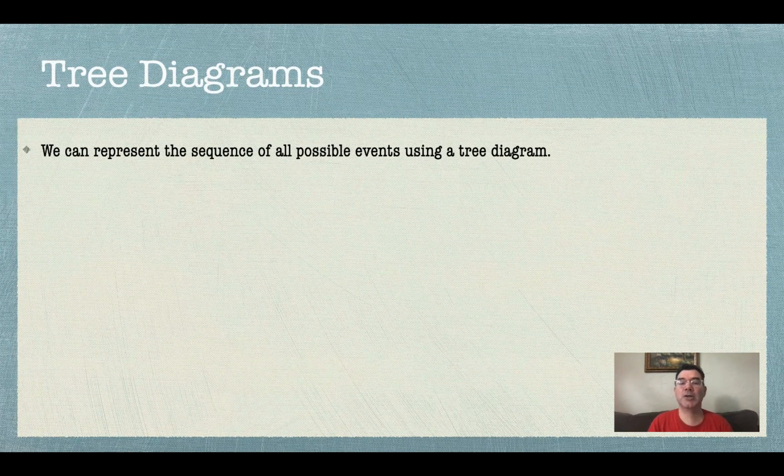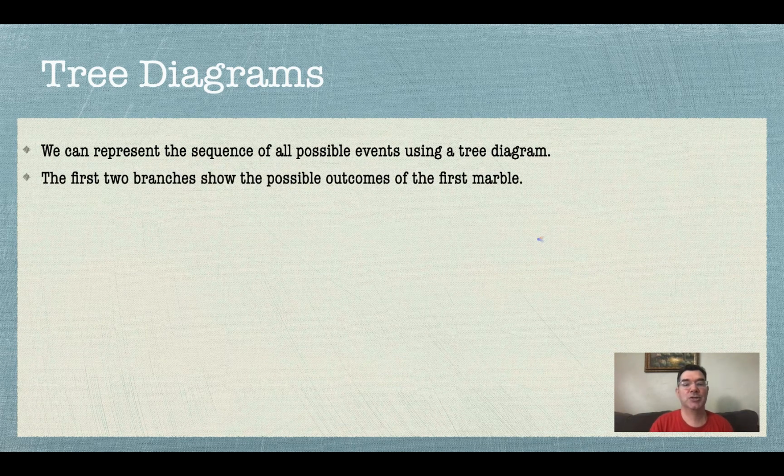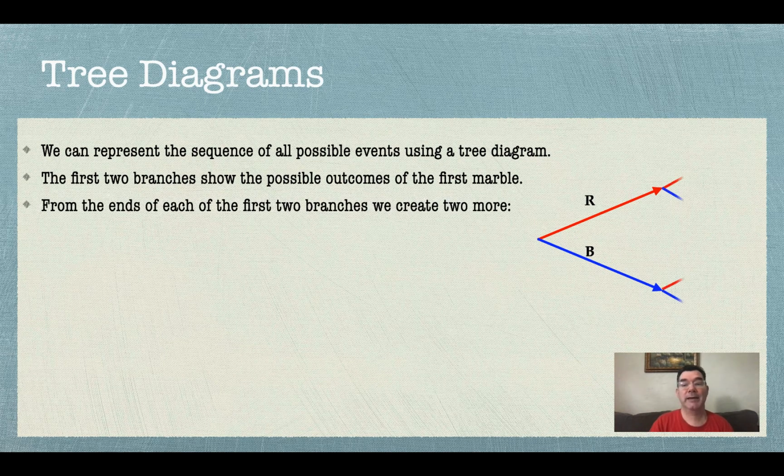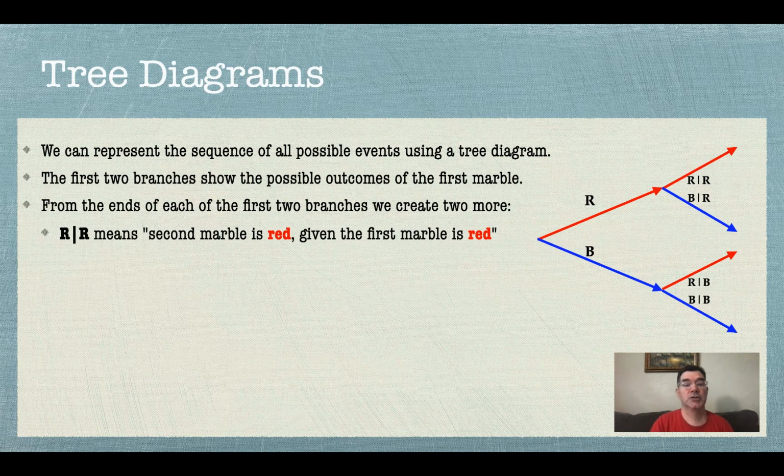So I can organize all of this by drawing a tree diagram. And so the first 2 branches show the possible outcomes for the first marble. It can either be red or it can be blue. And then from the ends of those branches, I draw 2 more branches because there's 2 more possibilities for the second drawing. And I use my given notation there for each of those branches.